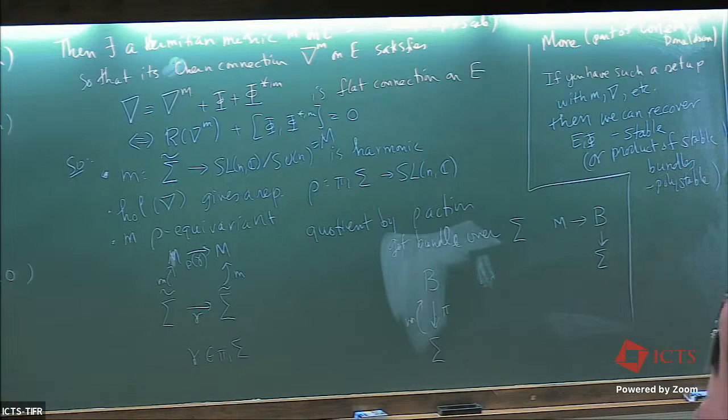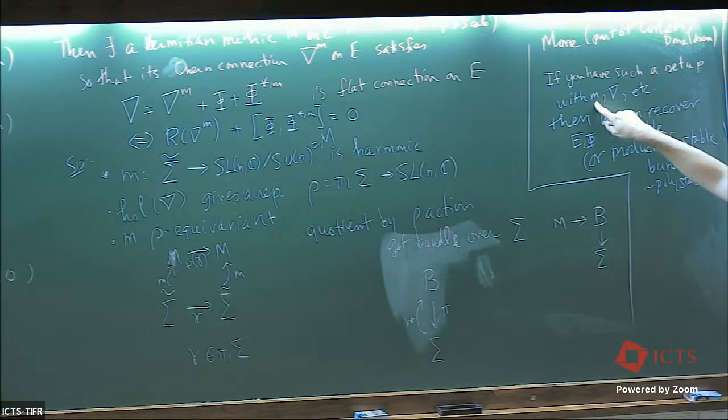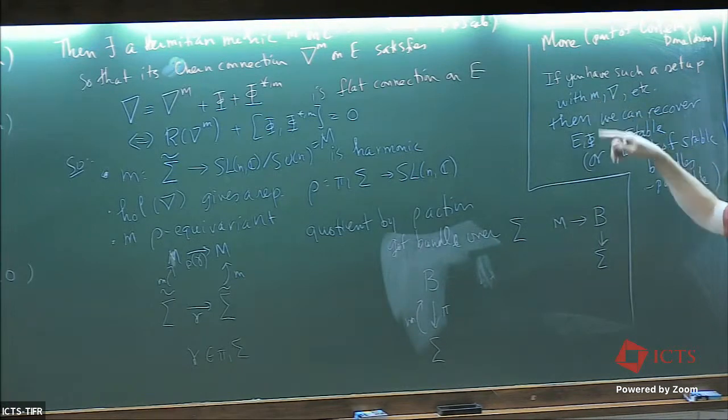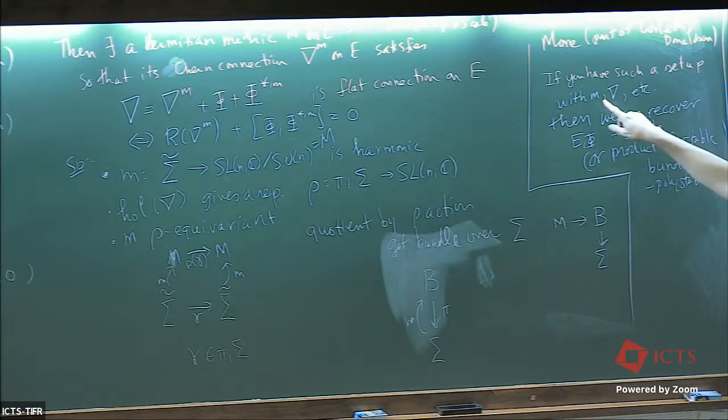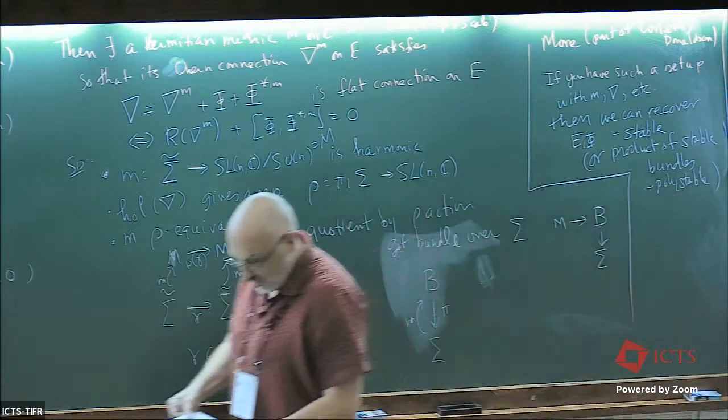I should say Corlette-Donaldson's theorem is broader than this: you start with a unitary structure on a bundle and nabla, and then you construct M. So this is constructing the harmonic map, but from a different point of view.